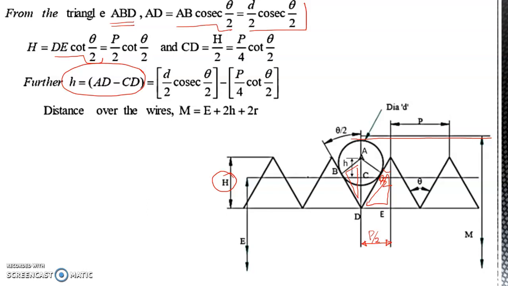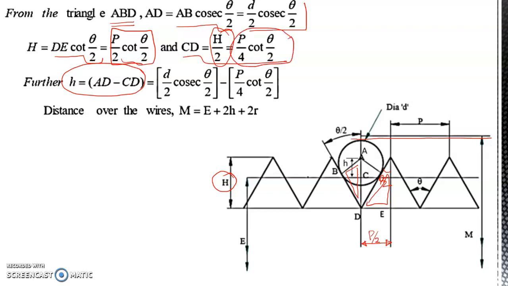So h is equal to p by 2 cot theta by 2, substituting d equal to pitch by 2. And from here we can tell that CD is equal to h by 2, so that is half of p by 2 cot theta by 2, which becomes p by 4 cot theta by 2.